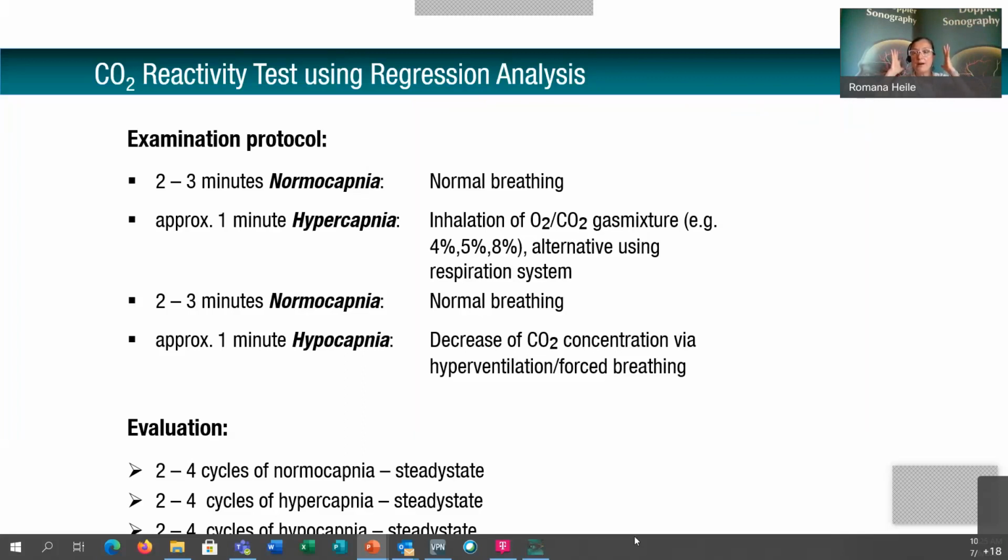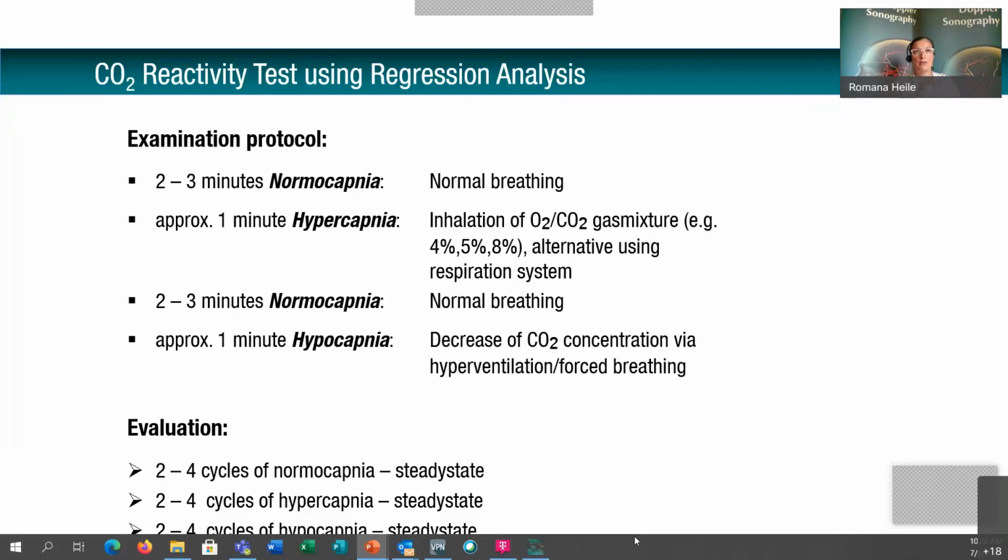This is half of the battle, as we say in a German way. This is half of the test that makes it successful. If the helmet and the monitoring probes are fixed in the proper way, the rest of the test is quite simple.